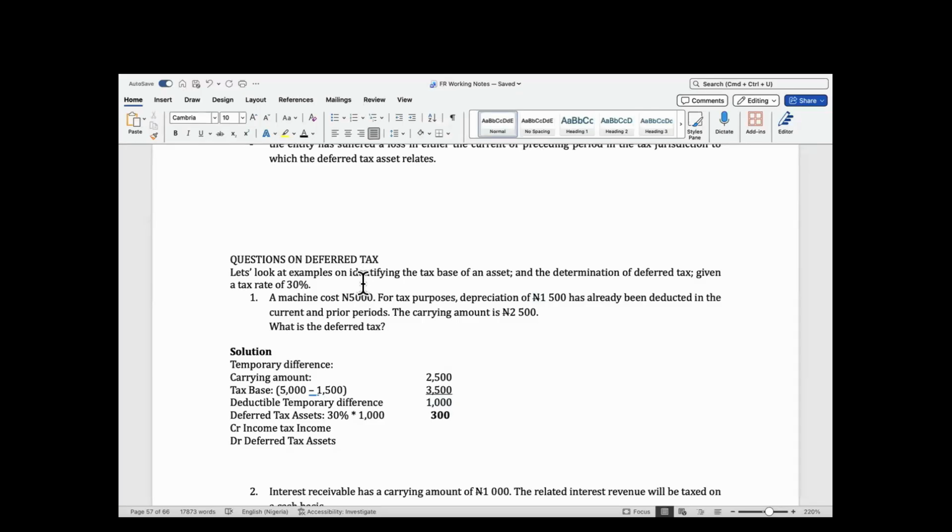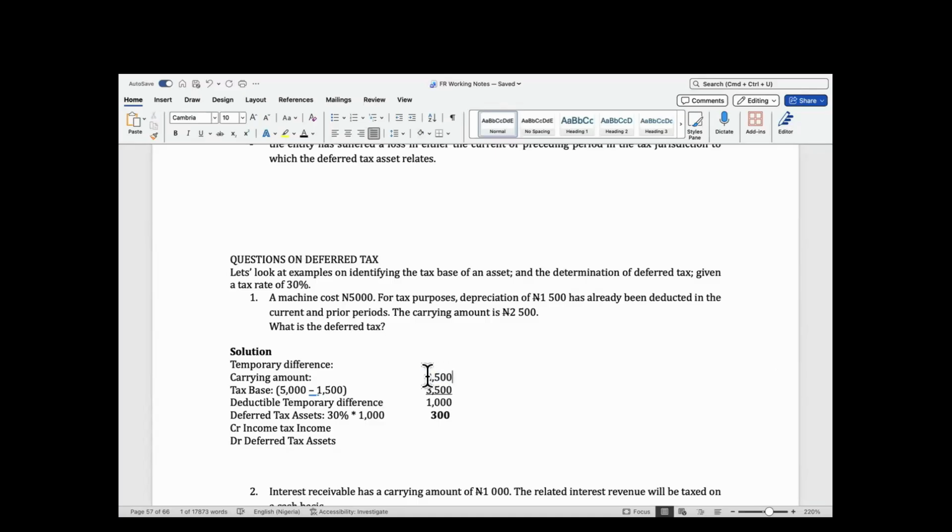So for the sake of assets, the way we define the temporary difference is not just comparing depreciation and capital allowance individually, but rather we look at what my carrying amount is, which is cost minus my own depreciation.